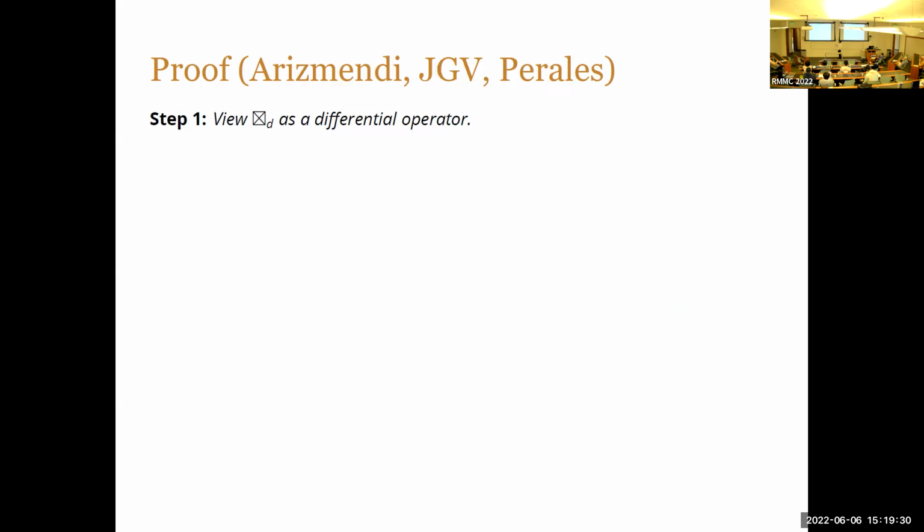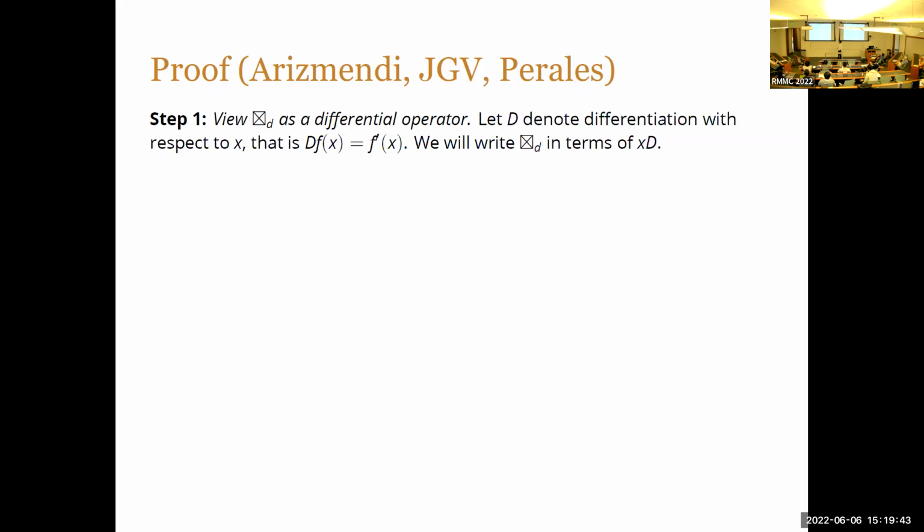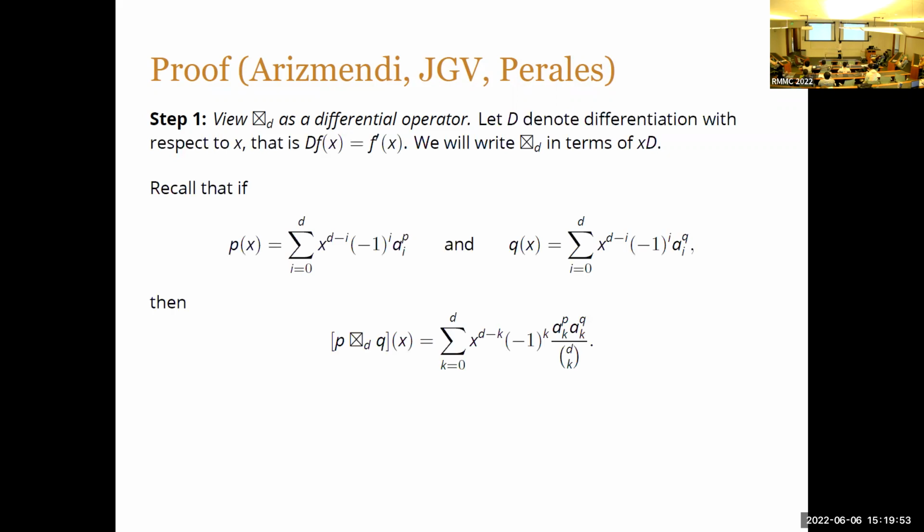It turns out that you can interpret this convolution as a differential operator. Here D will denote differentiation with respect to x, so if you apply it to a function, it returns the derivative of that function. One can write this convolution in terms of the operator that first takes a derivative of the function and then multiplies it by the monomial x.